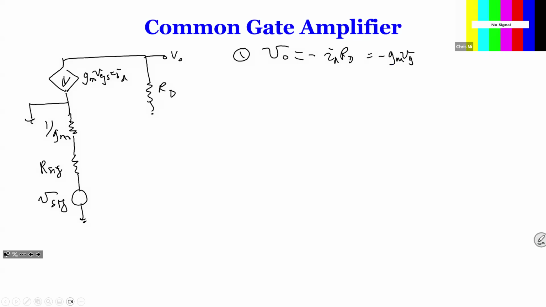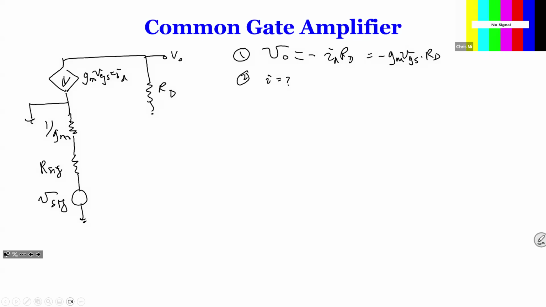GM times VGS times RD, same thing, okay? The next, we need to figure out what is I, or what is VGS. Either way, you can figure it out. So the second step, if we use I, we need to figure out I.